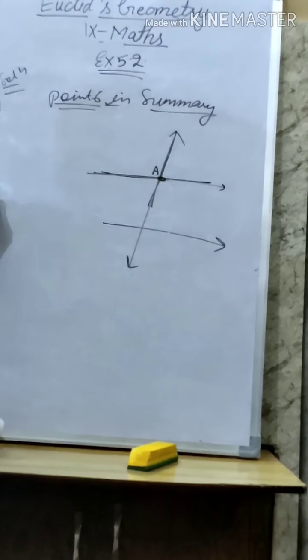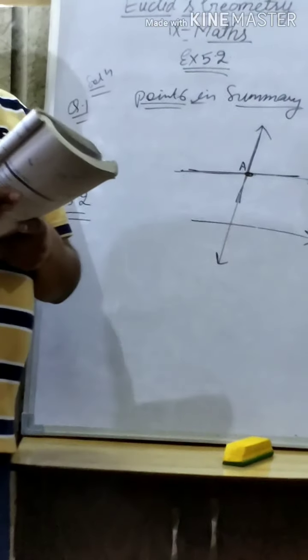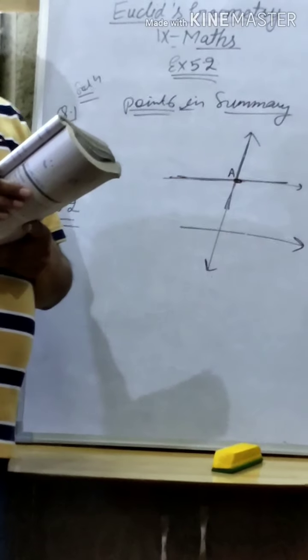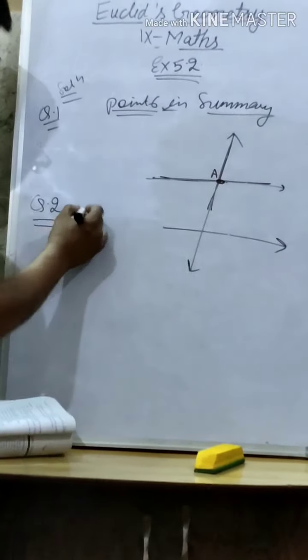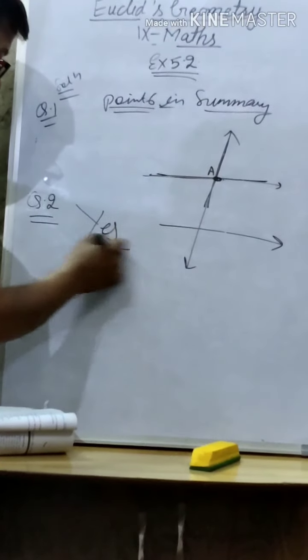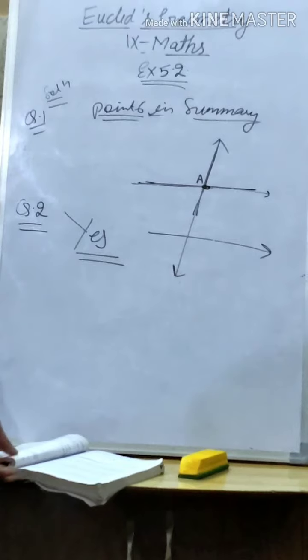Understand? Now another question, question number 2. Does Euclid's fifth postulate imply the existence of parallel lines? Explain. The answer is yes.